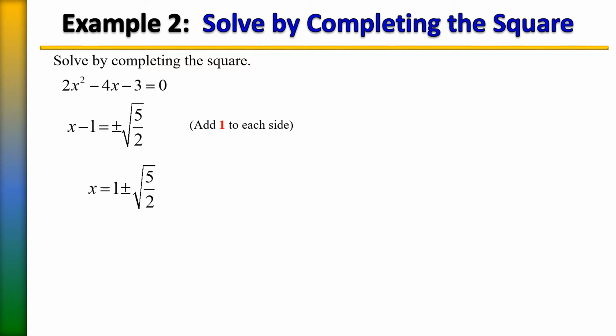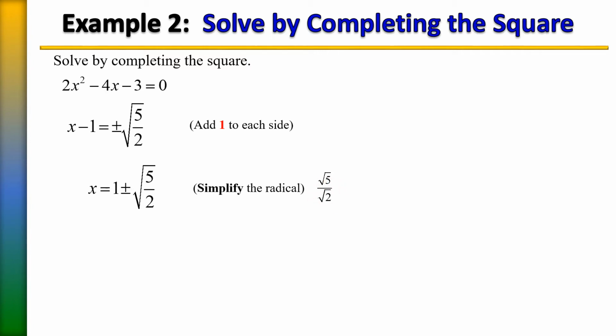The reason it's not simplified is because the whole entire fraction is under the radical symbol. That is the same as saying square root of 5 over square root of 2. And the problem is that you cannot have a radical in the denominator.